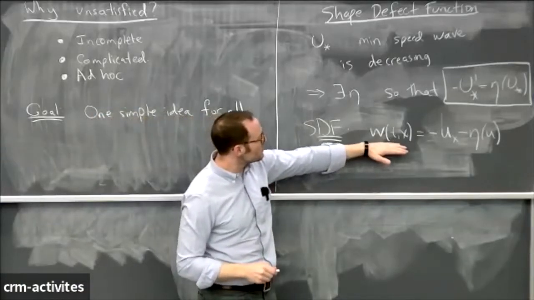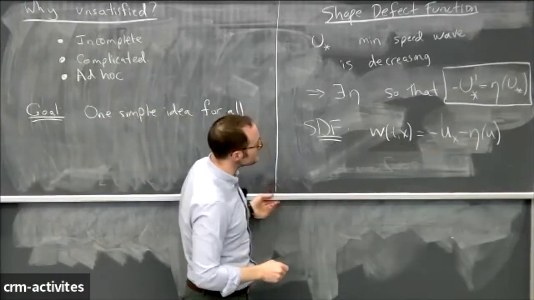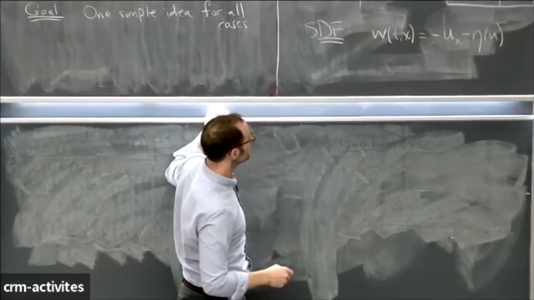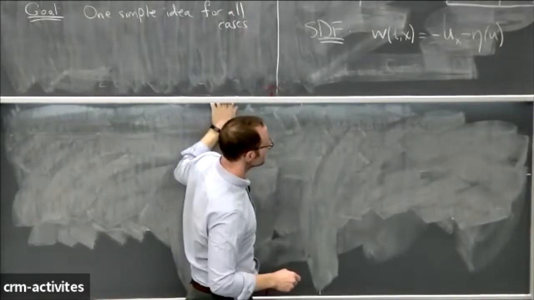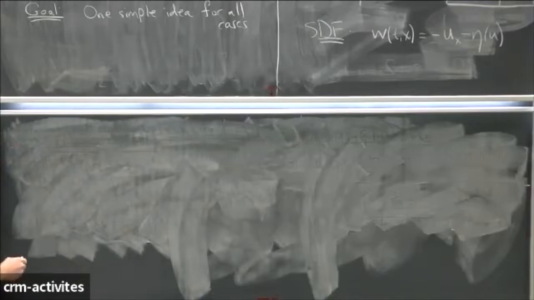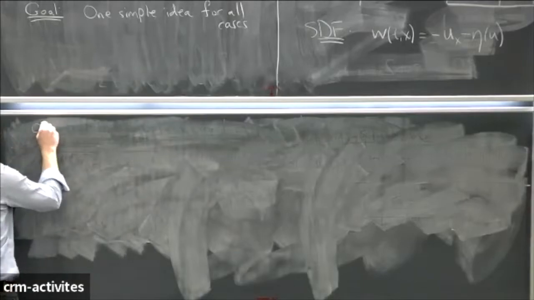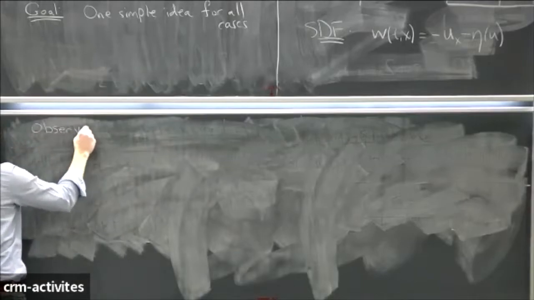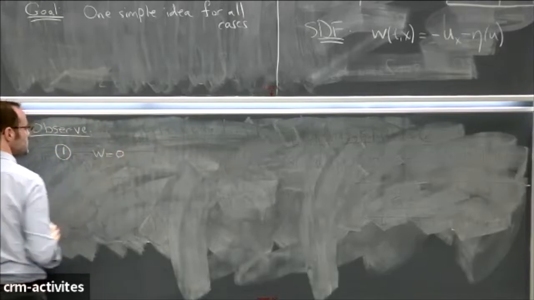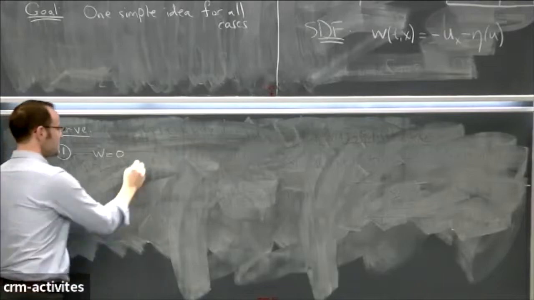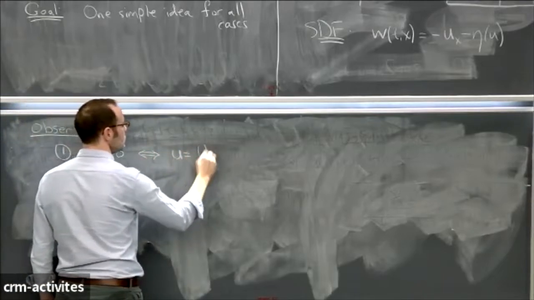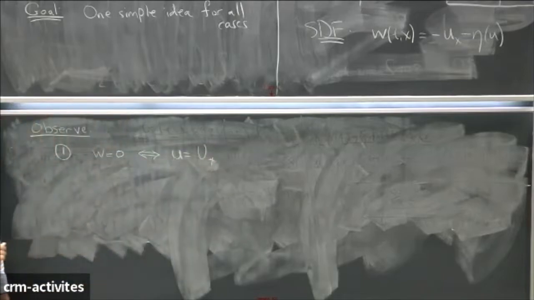So there are some things we can notice about w right away. What can we observe about this? The first, which Lenya mentioned this morning, is that w being 0 tells you that u is equal to a shift of the traveling wave.